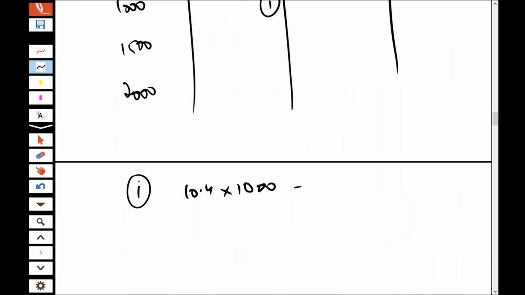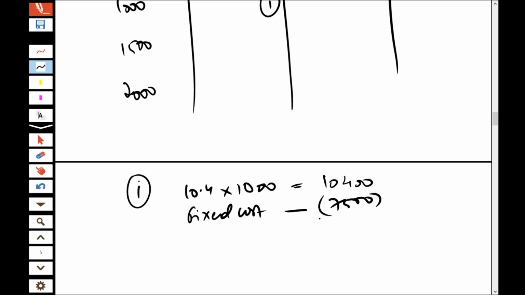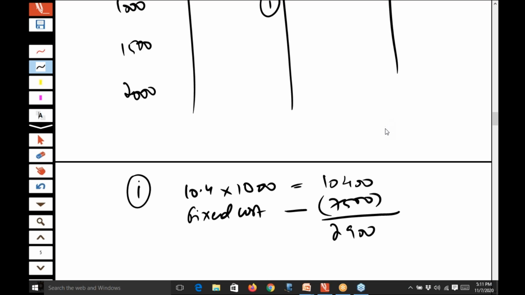For 1,000 units it's $10.4 into 1,000. Then there's the fixed cost, which is going to be 7,500. So resultingly, this is going to be 2,900.